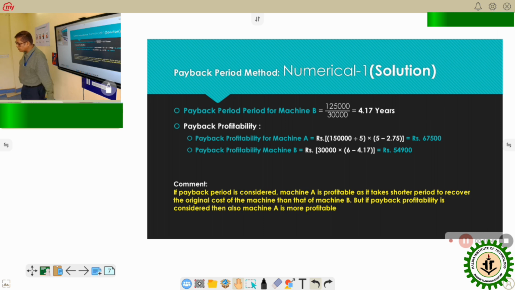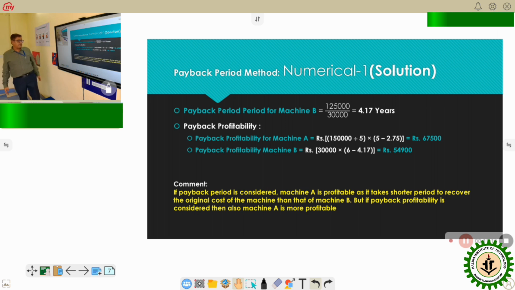What decision needs to be taken for the payback period when we are making a comparative analysis for machine A and B? Lower the payback period, more preferable is the investment. Whenever we compute a payback period lower than the other possible investment proposals, we shall accept that proposal.